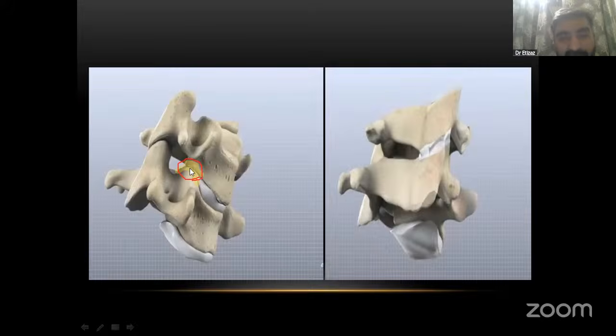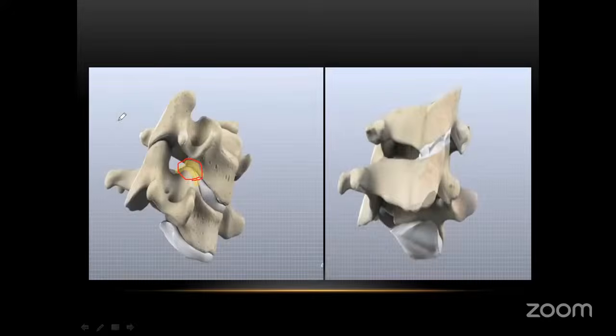What is the pathological importance of this one? In old age patients, these joints start to degenerate, and sometimes osteophytes form. So there is a restriction of mobility. And sometimes, when the degeneration is greater, the osteophytes can compress the nerve root. This is the point of the nerve root. Can you see this foramen?